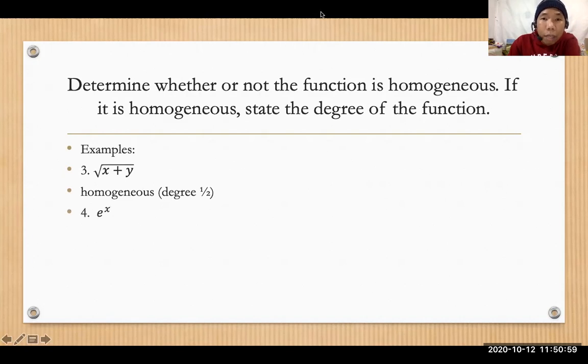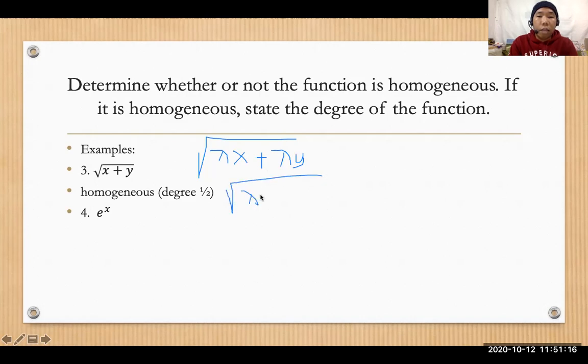So let me just get a pen so you can see what I'm talking about here. You have lambda times x plus lambda times y. Factoring out lambda, you have lambda times x plus y, under the square root sign.